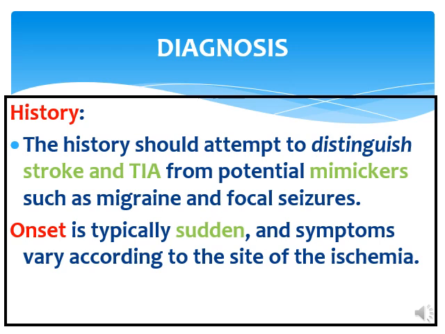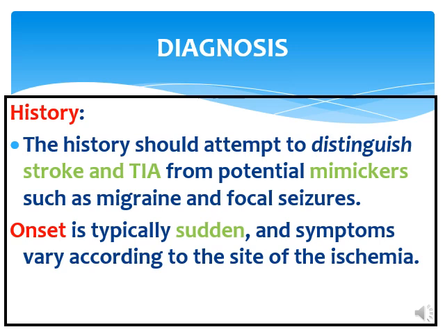These patients are known to have epilepsy, focal seizures, and it might be the first presentation in the ER. So you have to get the full history. Is it the first time to happen? Anything before the attack happens, if the patient is known to have migraine or epilepsy, on medication or without medication, whatever. So you have to take a good history to differentiate between stroke and TIA and other potential mimickers.